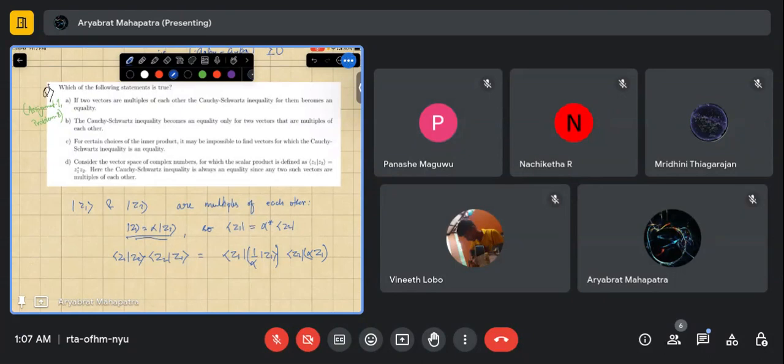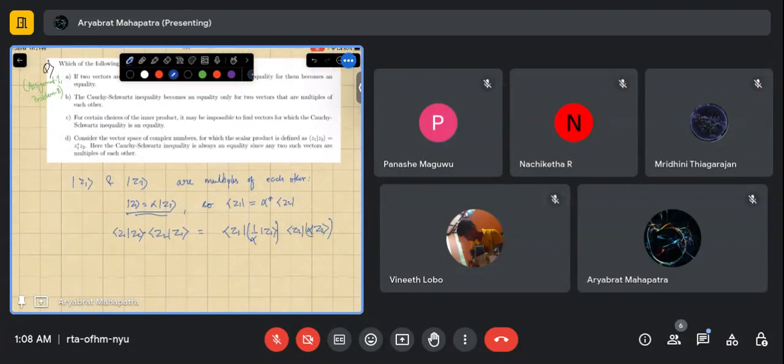Sorry, this is alpha. This will be alpha Z2. That is Z1 Z1, Z2 Z2.